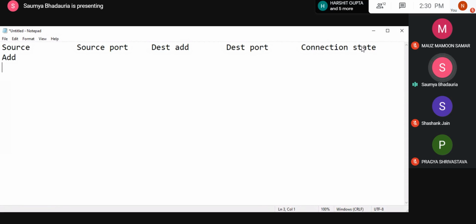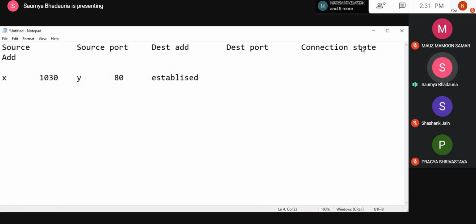Let's say the first entry is for your source address X, and we said it would use port numbers between 1024 and 65,535, so it used port number 1030. The destination was, let's say, Y. The destination port is, for instance, 80. And then you'll have a connection state which is established.